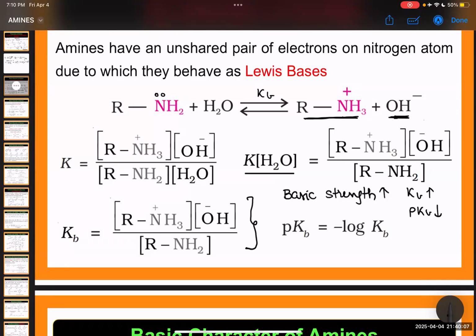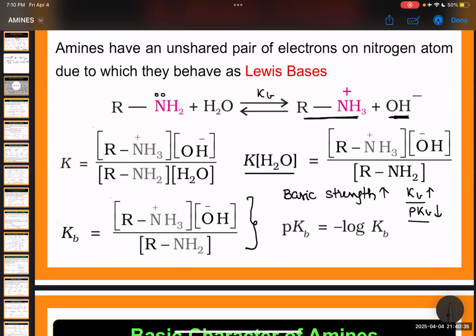Because that is minus log of Kb. So whenever you put a minus sign, the larger value becomes very small, while the smaller value doesn't decrease by so much. So I mean to say Kb and pKb are inversely related. If the basic strength is more, Kb is more, and if Kb is more, pKb is less.